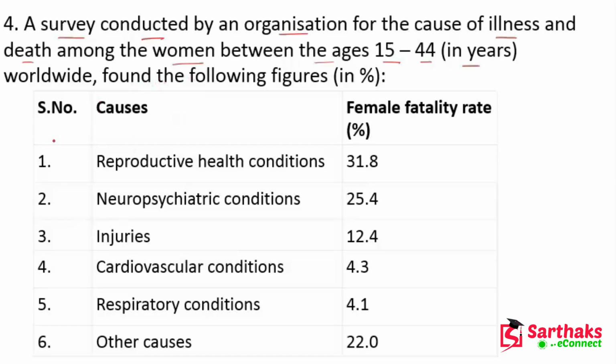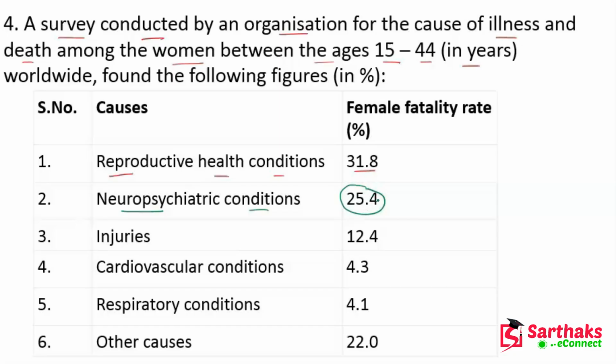This is the frequency distribution table. The first cause is reproductive health condition, with a female fatality rate of 31.8%. The second is neuropsychiatric condition, with a fatality rate of 25.4%.